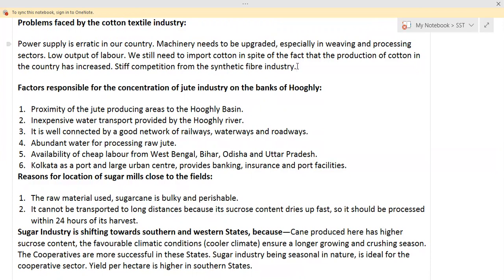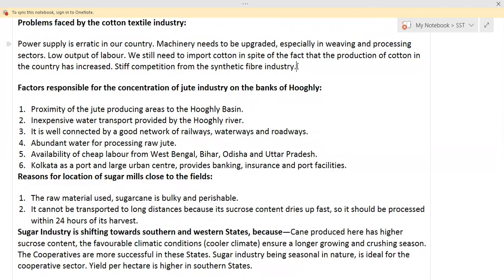Labor output is very low; good labor is not available. We still need to import cotton in spite of the fact that production of cotton in the country has increased. So we should think that we still need to increase the production of cotton in our country. There is still competition from the synthetic fiber industry. Cotton textile industries face stiff competition with synthetic fiber industries.